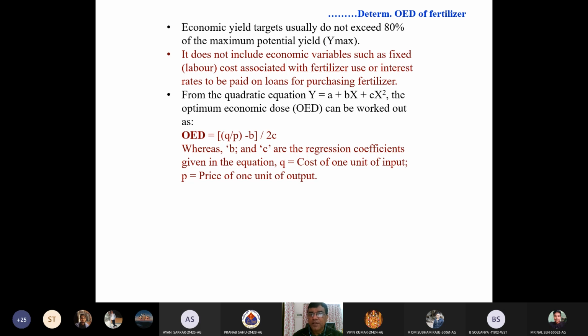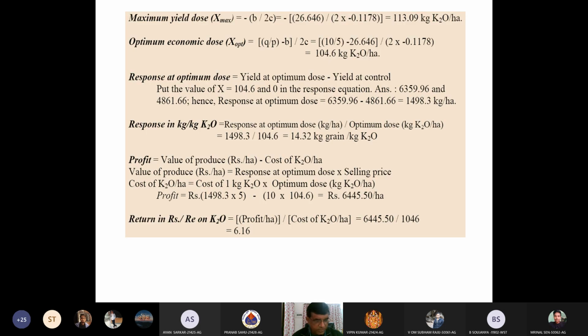Similarly, the price of rice should be per kilogram. What is the price of 1 kilogram of rice? We need to take the same units as used in the data. I will explain this point again later. So this is how we can calculate the optimum economic dose of the fertilizer.